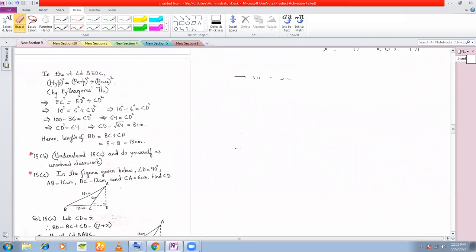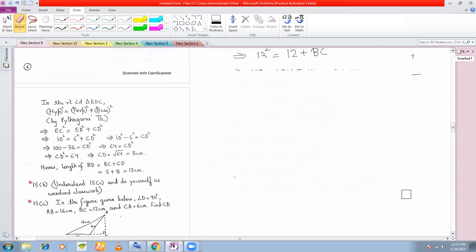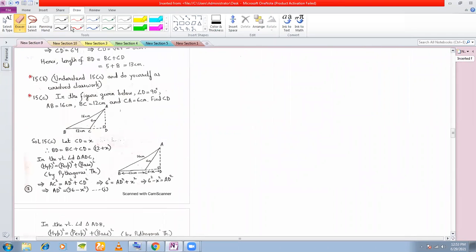15C. This also has a diagram given to you. Let's draw the diagram. Okay, this diagram is given.